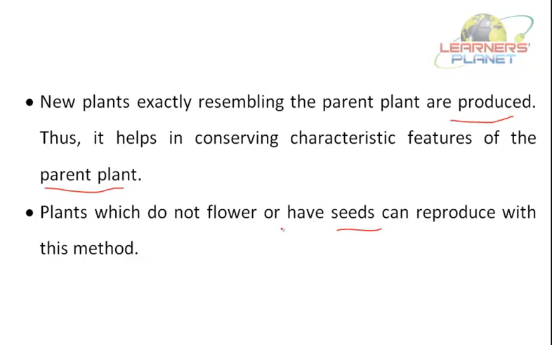So basically, asexual reproduction is extensively used by plant nurseries and horticulturists quite frequently to propagate plants in large volumes to ensure their survival. So these are basically the advantages of asexual reproduction, or rather we can say a type of asexual reproduction called vegetative propagation.